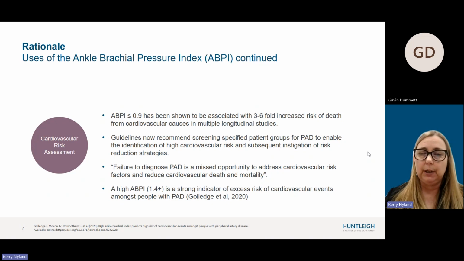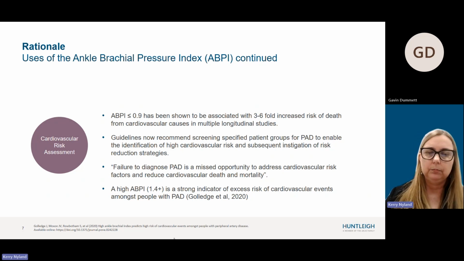Smoking cessation is really, really important with this patient group. So it's looking at those modifiable risk factors. For those with claudication pain, exercise is recommended as the first line treatment, as it does help to develop your collateral circulation. So in simple terms, if your motorways are blocked, you can use your A and your B roads.